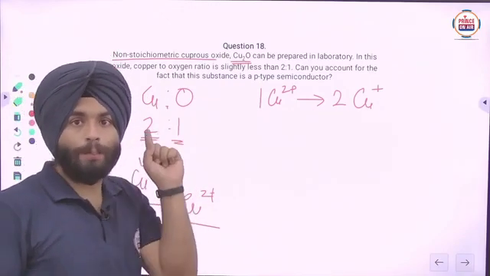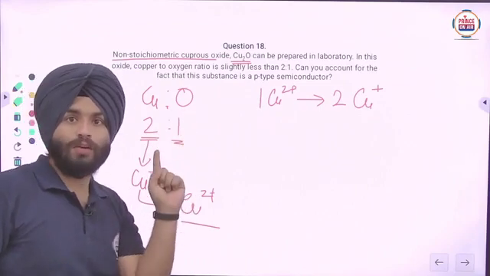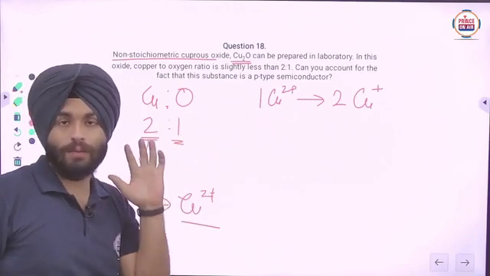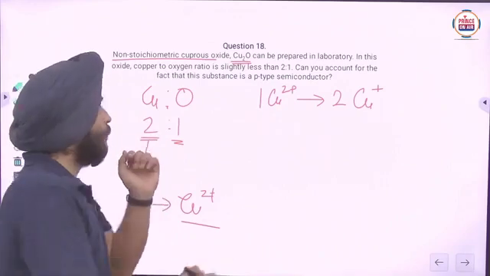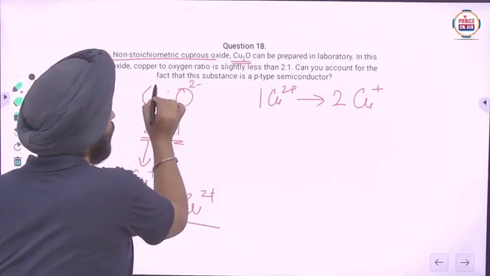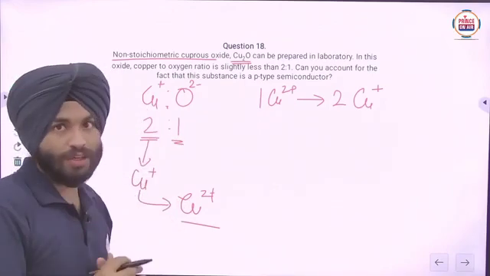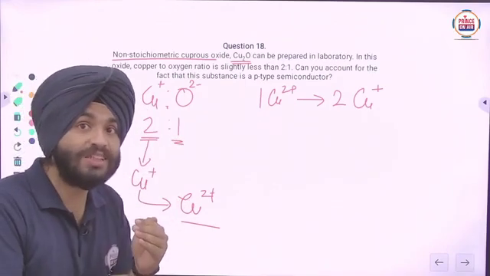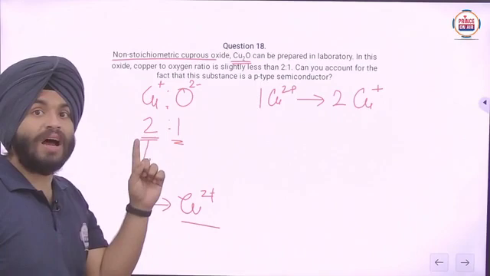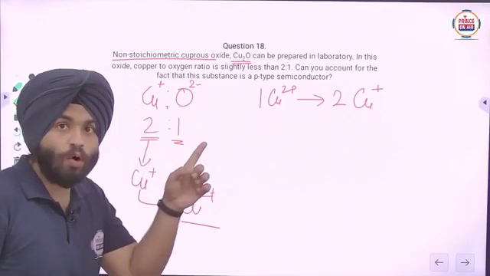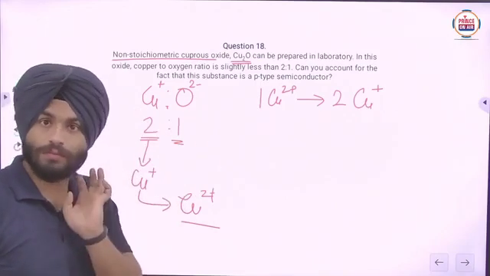Actually, the copper to oxygen ratio should be 2 and 1, which means that oxygen is having 2 negative charge and copper is having 1 positive charge. So to balance that charge, the 2 copper ions are balanced by 1 oxygen ion. Now it's clear.